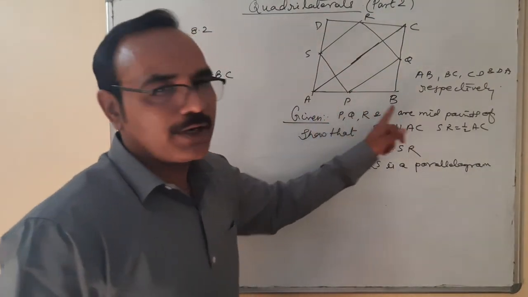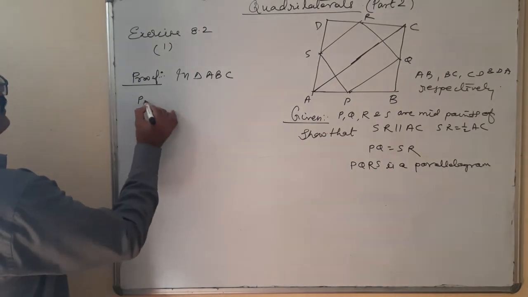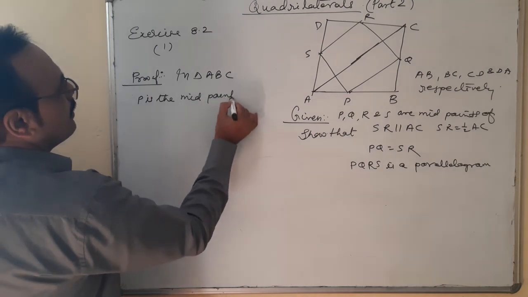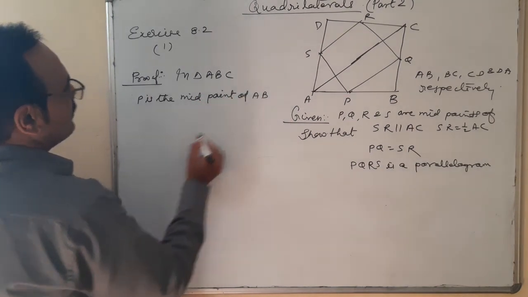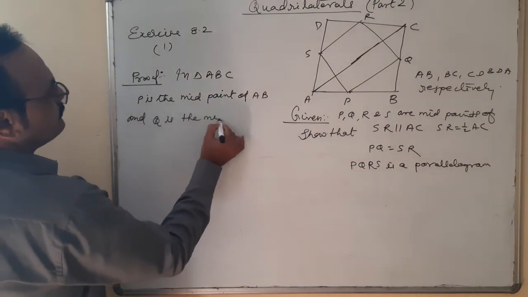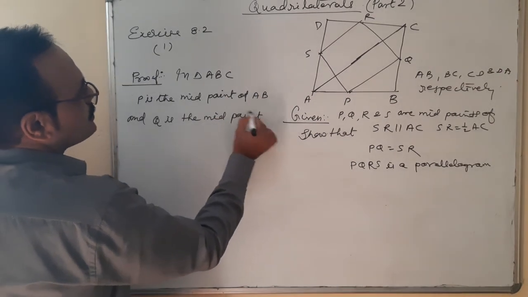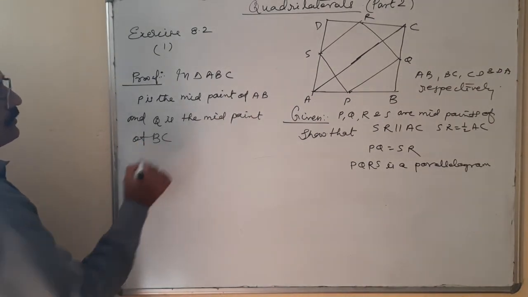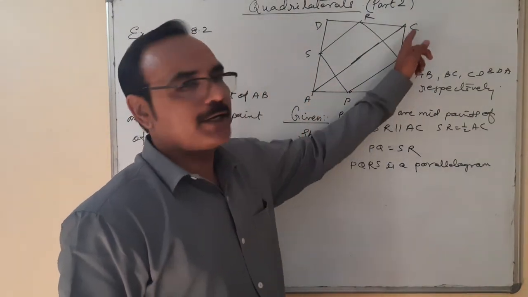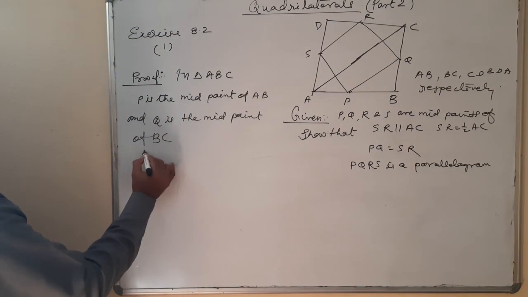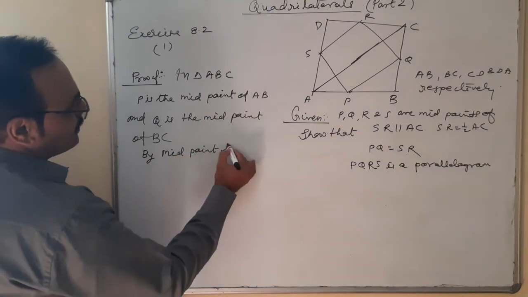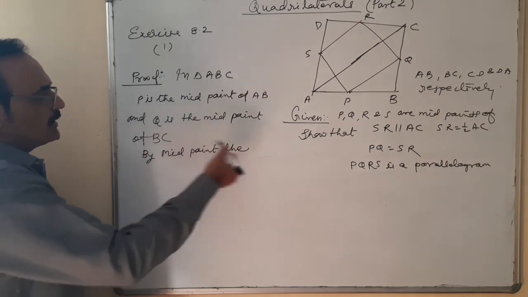In triangle ABC, P is the midpoint of AB and Q is the midpoint of BC. Therefore, by midpoint theorem, rather than writing the statement, you can simply write by midpoint theorem.